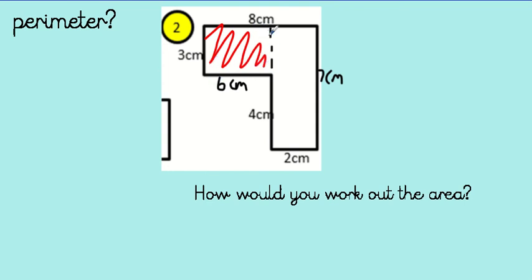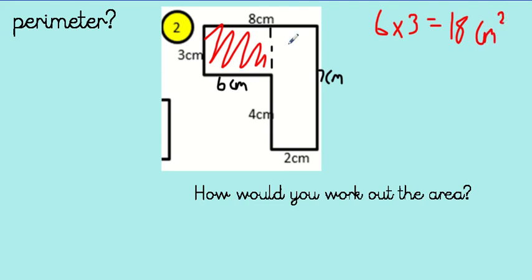So the shape I've shaded there would make a square. So it's going to be the width times the length. And we know that 6 times 3 equals 18. So we know that shaded part there equals 18 centimetres squared.